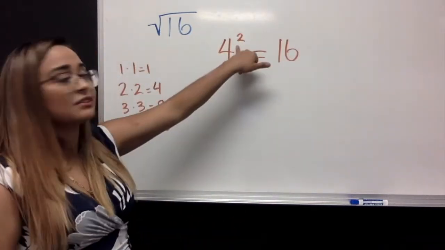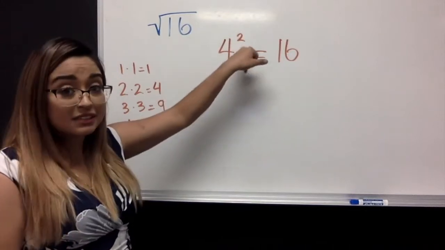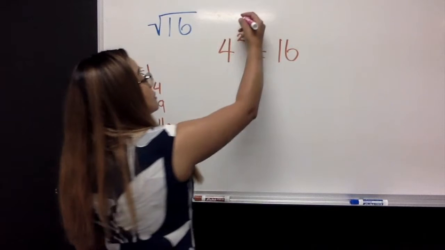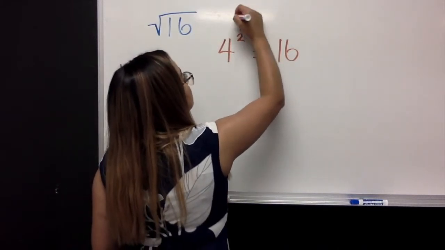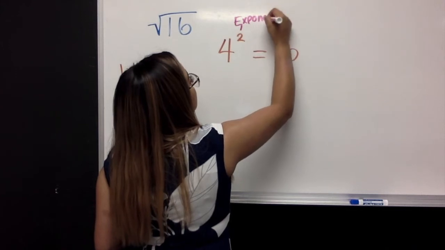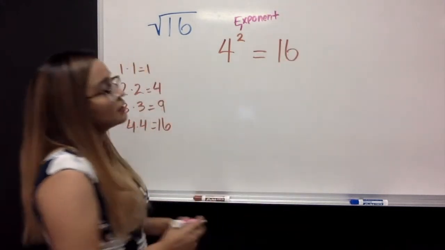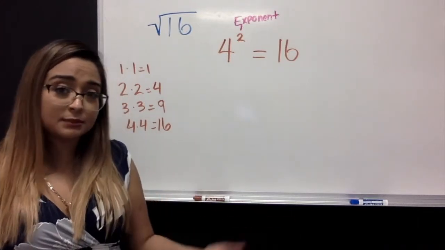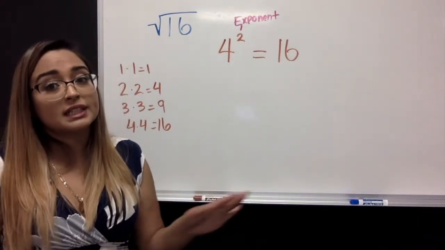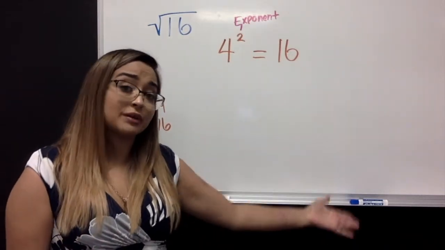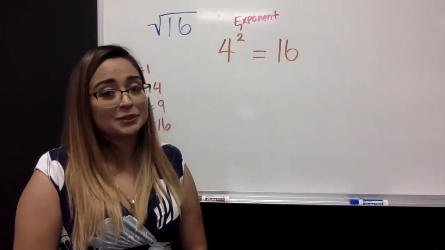Now, you see that little number again. This little number is called an exponent. It's nothing that we have to worry about too much for this concept, but I'm just letting you know what it's called because I'm going to talk about it more moving forward, in other concepts, okay?